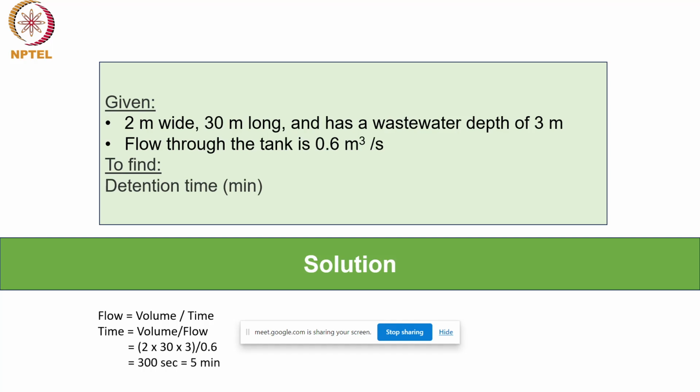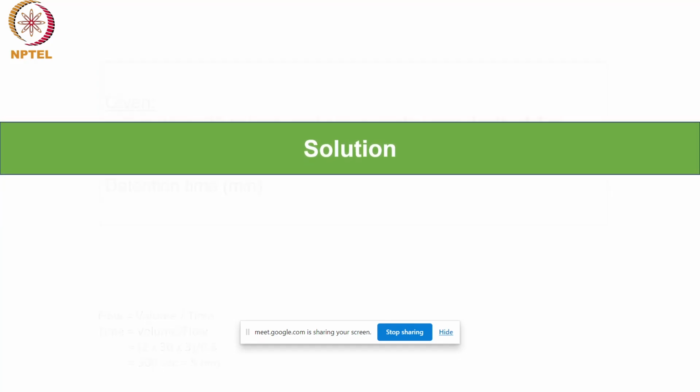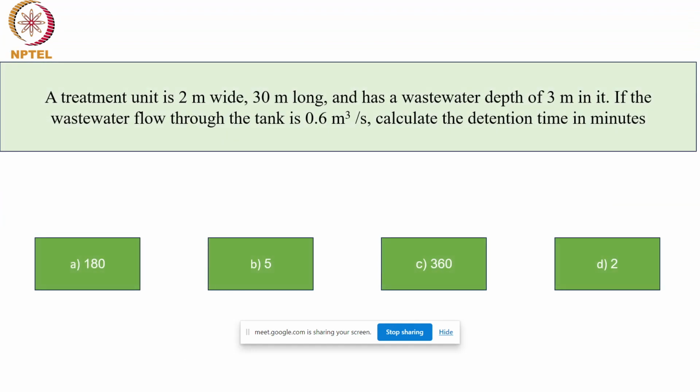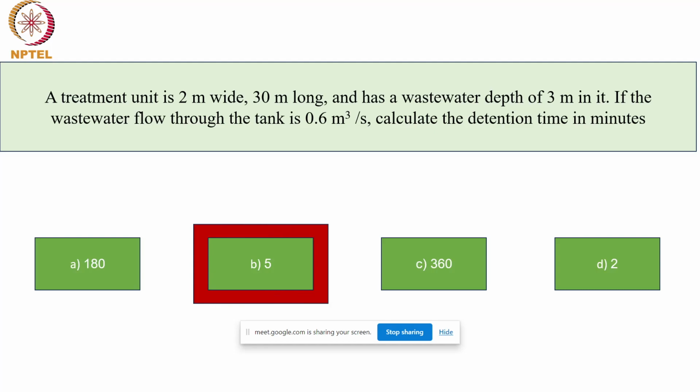If you substitute, you will be getting 300 seconds and the answer will be 5 minutes. Does anyone have doubt in this? No, clear. Okay. So in this, the option will be option B, 5 minutes. Now we'll move to the next question.